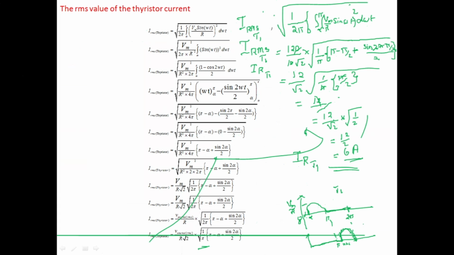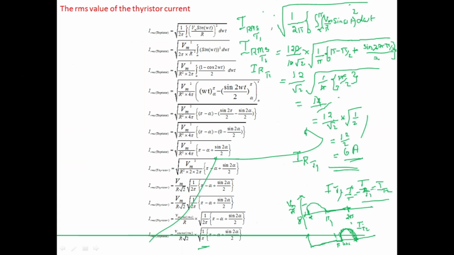So for the average value, if you calculate for thyristor T1, call it IT1, and for IT2, you should get the same value, means IT1 is equal to IT2, because magnitude wise it is the same. It is there from pi plus alpha to 2 pi, and this is there from alpha to pi. Rest all same. That's the reason IT1 is equal to IT2, and you can commonly call it IT.